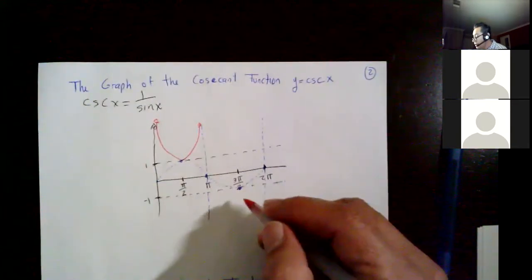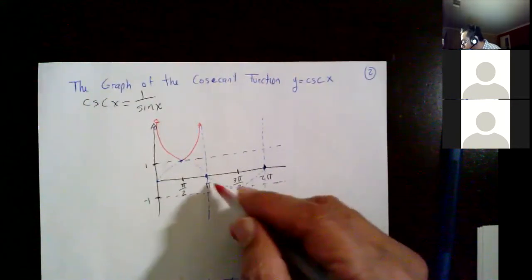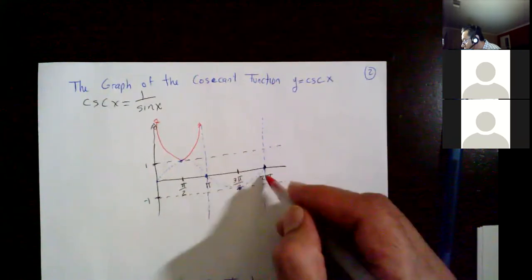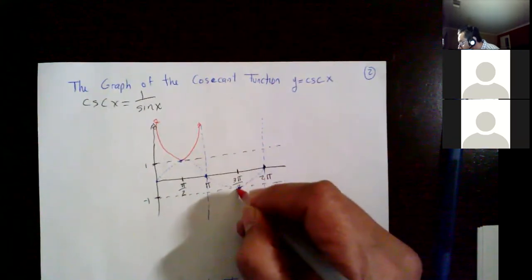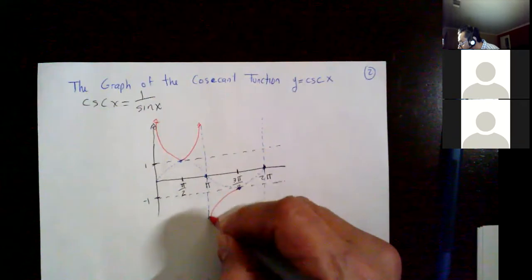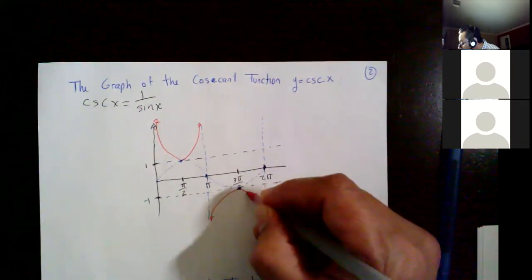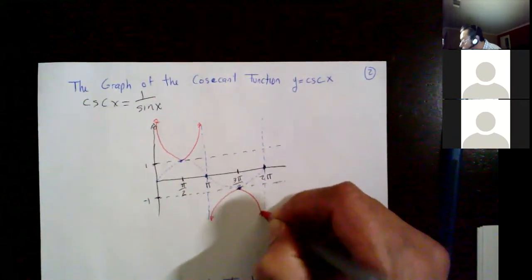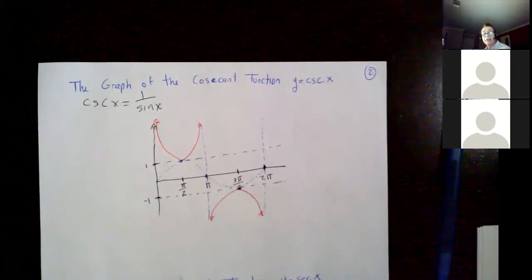And for the second half of the period, now it's going to go this way. And now it's going to go this way. The graph in red is the function cosecant, you guys.